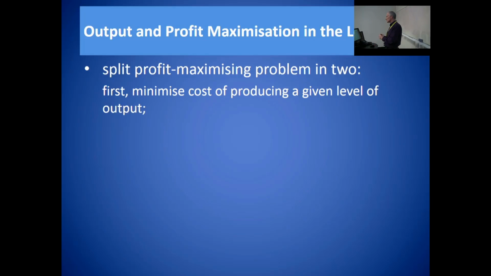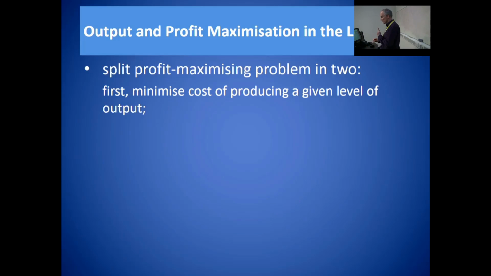So the first thing is, for any given level of output, what way should a firm combine its factor inputs such that it produces that output for the least cost combination? I.e., what's the cheapest way of combining labour and capital to produce a given level of output?